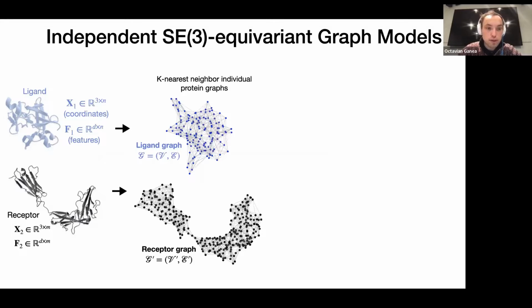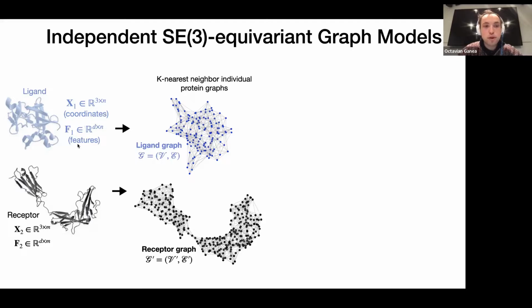We take the two proteins as input, and we represent them as spatial graphs. Simply put, we have this idea of k nearest neighbor individual protein graphs, which means that we take each alpha carbon of each residue to represent one residue. We're going to retain the 3D coordinates of residues in this way.